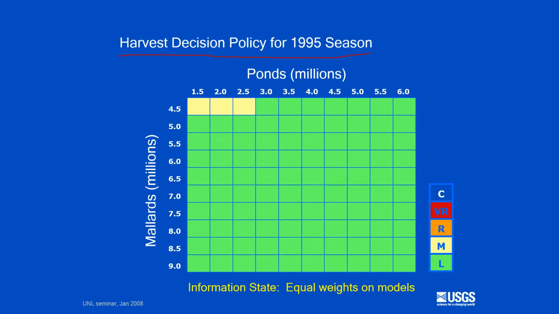You were going to go out and blast a lot of ducks. And it turns out that year the population was pretty high, right up around 9 million. And there was maybe a little above average number of ponds, about 4 million. So you predict that the population would do well even with liberal hunting regulations.